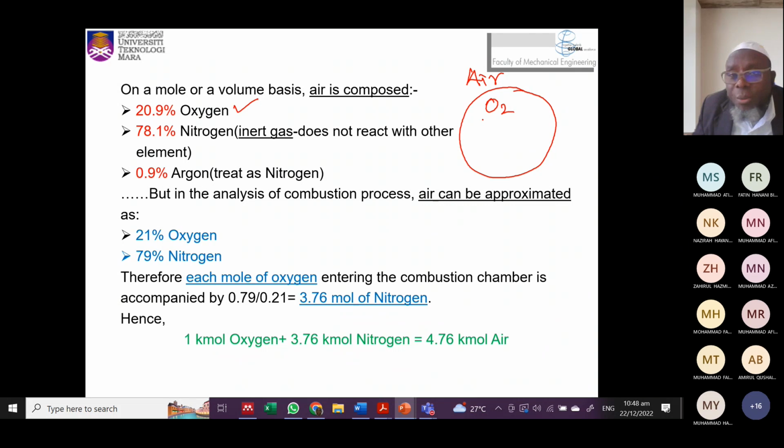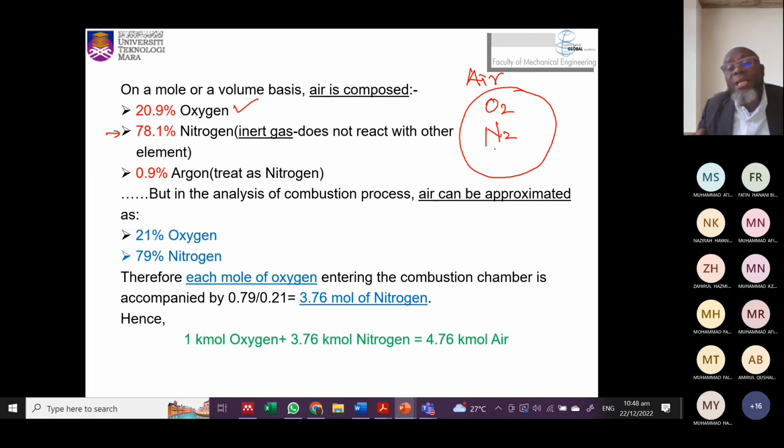And then it will contain some percentage of nitrogen also, and let that percentage be 78.1%. And then it will contain some percentage of, let's say, argon. These are what we call inert gases.